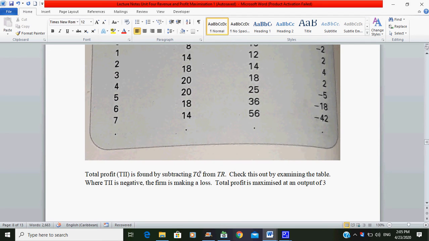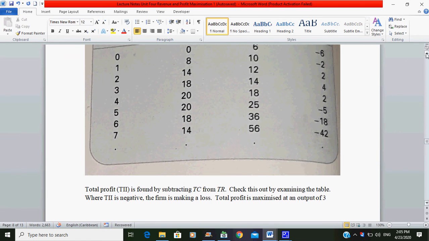Total cost from total revenue, as I said before. Check this out by examining the table. Where total profit is negative, the firm is making a what? Loss, right?